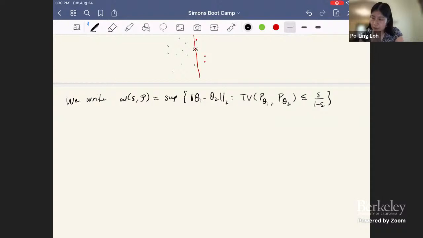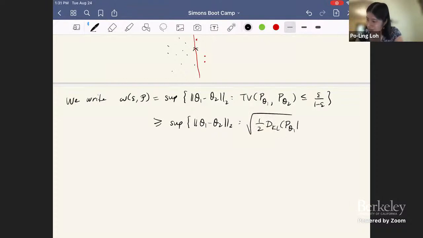Remember, this is a Gaussian family, and we're dealing with total variation distances. We have explicit formulas for KL divergences between distributions. So we can use Pinsker's inequality to write this as the supremum of the norm of theta 1 minus theta 2, such that the square root of 1/2 D_KL(p theta 1, p theta 2) is less than or equal to epsilon over 1 minus epsilon. This is by Pinsker's inequality.